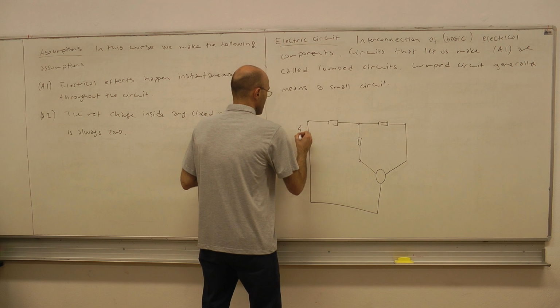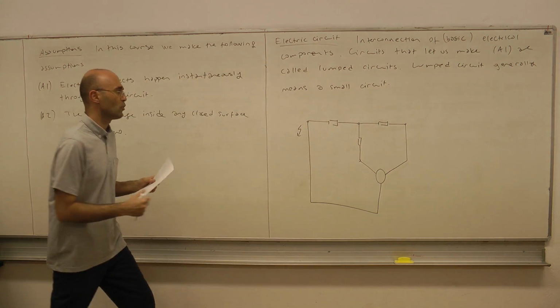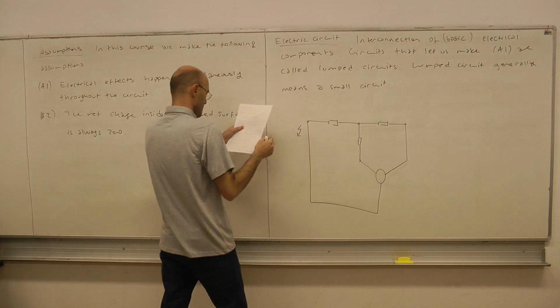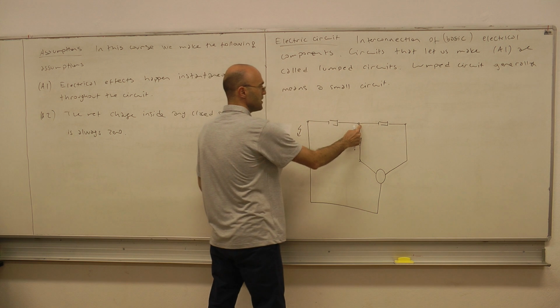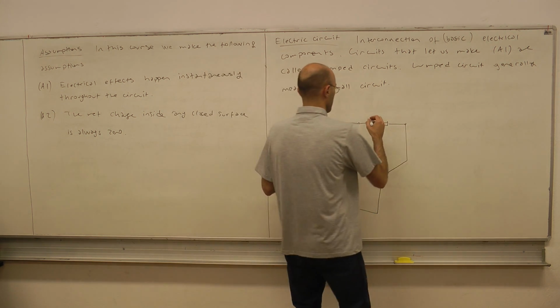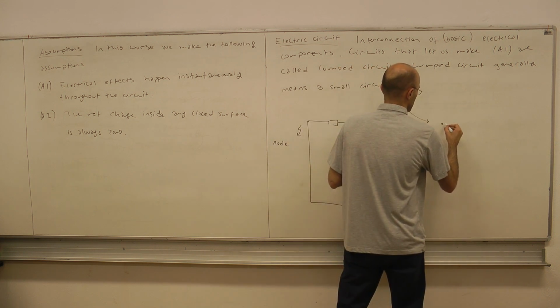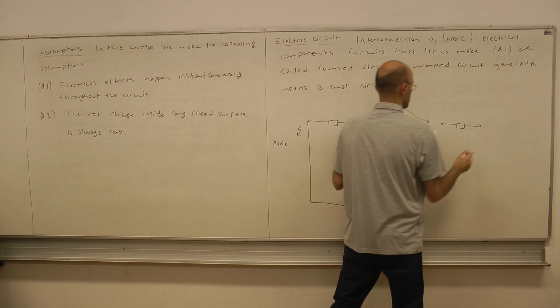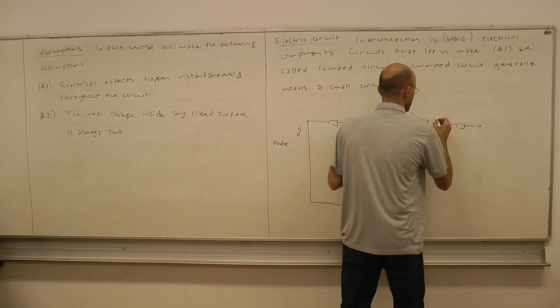Now, this thing, where 2 terminals of components meet, is what we'll be calling a node. Okay, so this is a node, this is a node, this is a node, and that's a node. And then suppose we draw this separately by terminal.